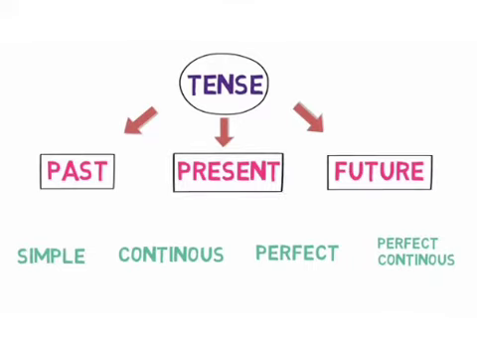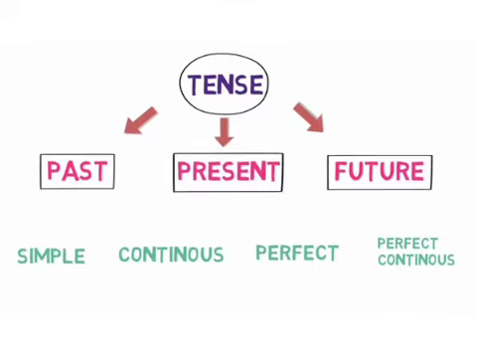Here is a chart for you which clearly shows that tense is of three types: present tense, past tense, and future tense. In present tense, we have got four subdivisions: simple present, present continuous, present perfect, and present perfect continuous.